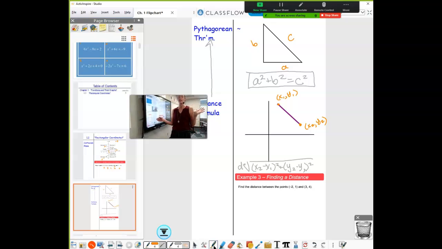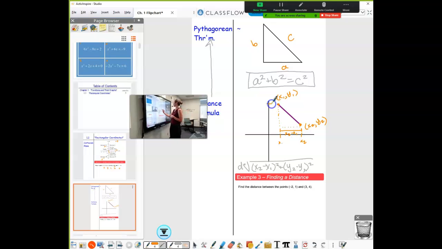You learned it way back in Algebra 1. But did you realize it really was just Pythagorean? Because x2 minus x1 is really just a leg of a triangle.